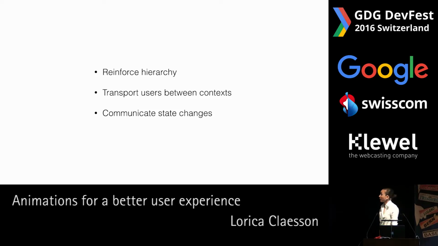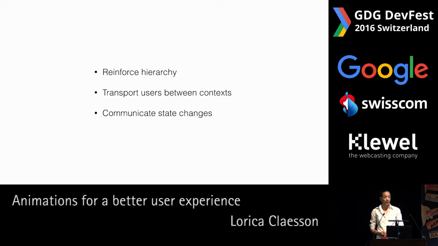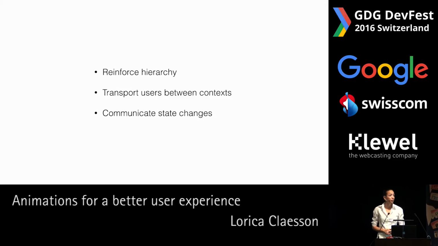So functional animations can communicate important information about the user interface. It can reinforce the hierarchy, how things are structured and relate to each other. It can transport users between different contexts, like from one screen to the next, with a detail view to a list view, or the other way around.